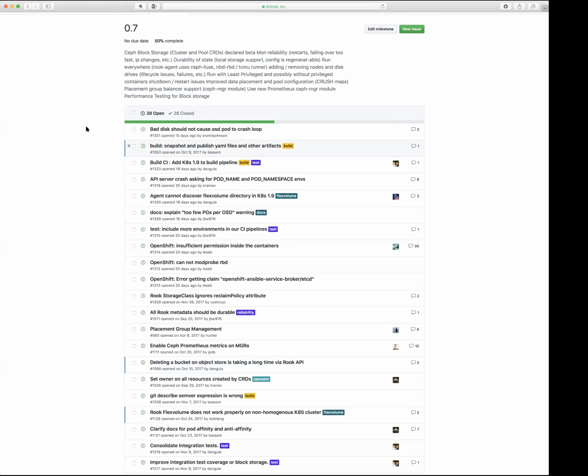Well, just looking at the milestone right here, we talked about a bunch of things. They're all incremental changes. There's nothing big here, but this whole idea of using local storage or underlying persistent volumes, and how it relates to permissions and to volumes being mounted, is a whole category of things that I think is still speculative at this point. I don't think we have a good solution yet.